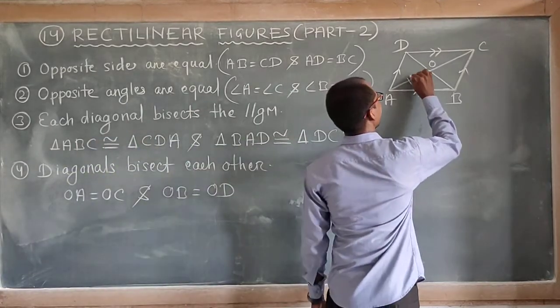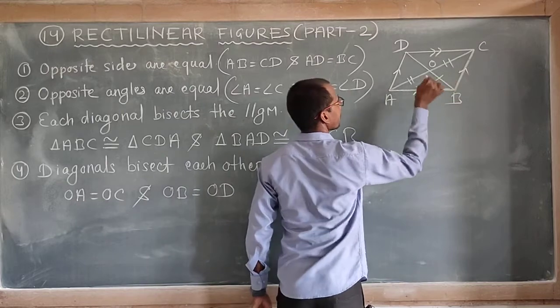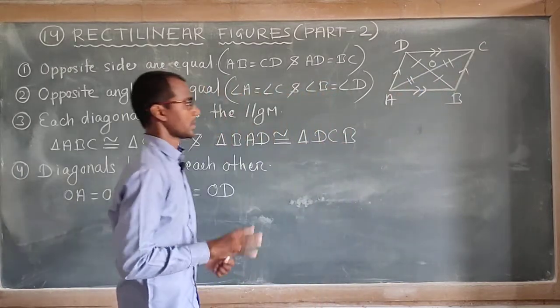Means OA is equal to OC and OB is equal to OD. Okay, diagonals bisect each other.